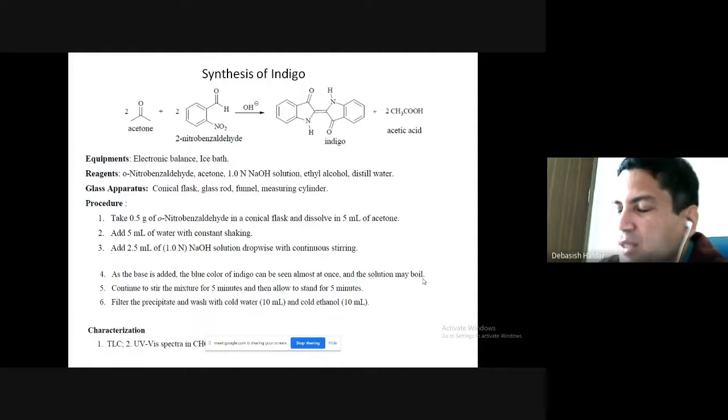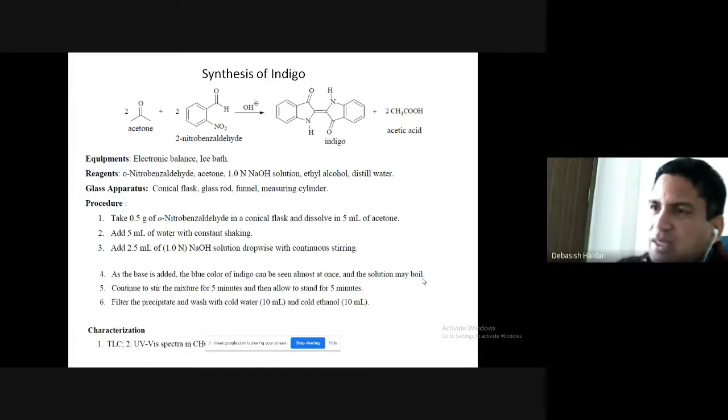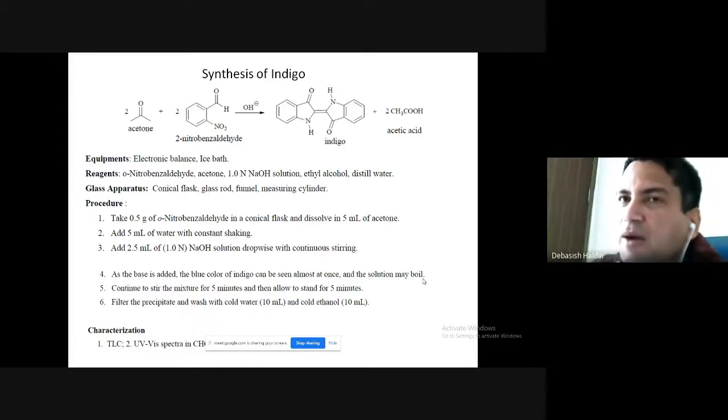If there is any difficulty in dissolving the orthonitrobenzaldehyde in acetone, just scratch it and it will dissolve. Once it's completely dissolved in acetone, add 5 ml of water with constant shaking. So you will get the reaction mixture, and with that just add 2.5 ml of 1.0 normal NaOH solution.